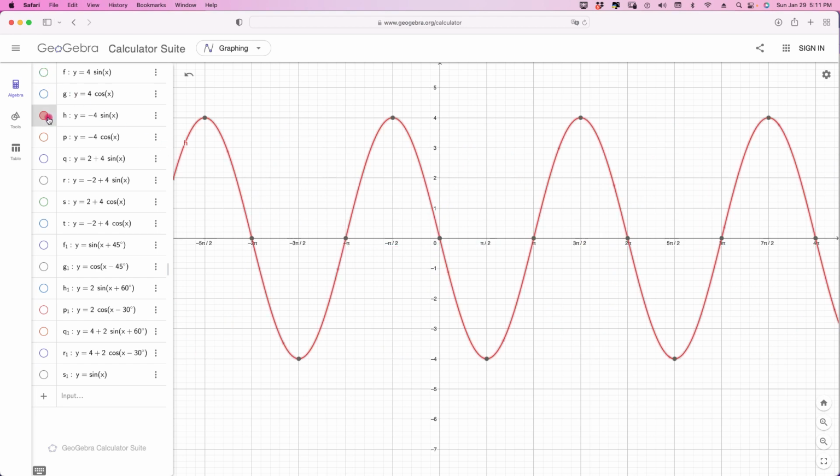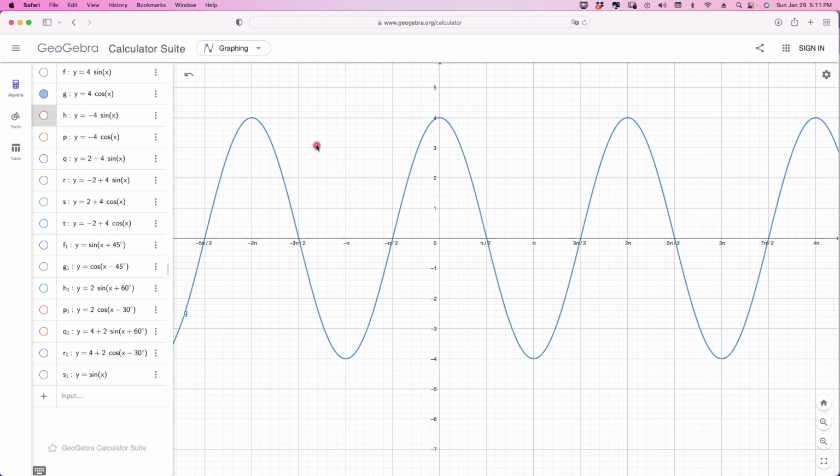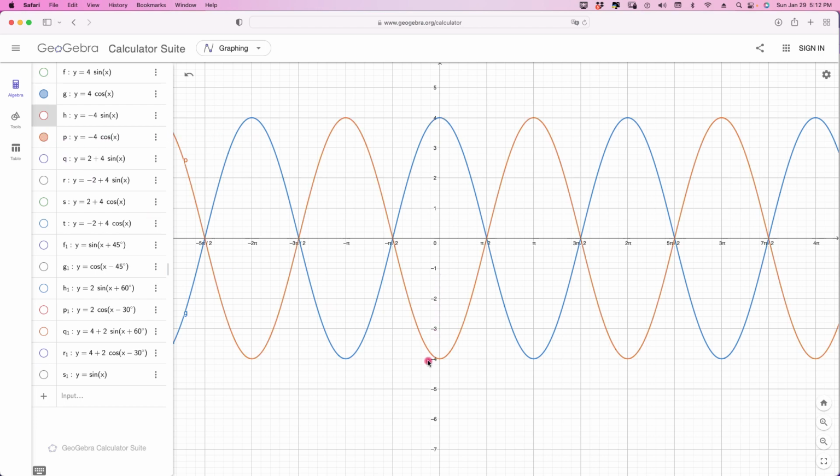So let's look at our cosine. Cosine is when the amplitude is what crosses the y-axis. Now, if it's a positive cosine amplitude, then it goes up and crosses at that positive number first. If it's a negative, then it crosses the y-axis at the negative amplitude, which here is -4, and then it continues on its back and forth motion.